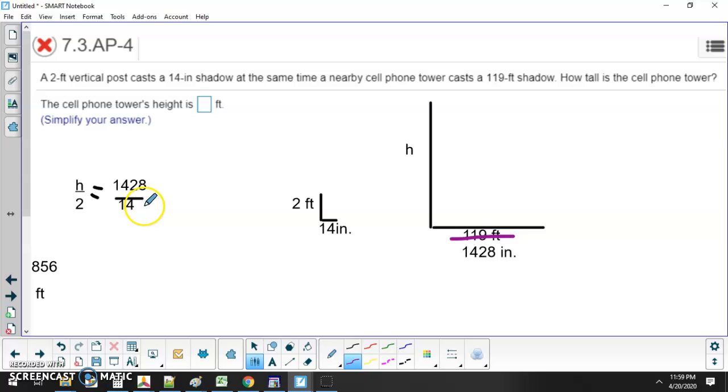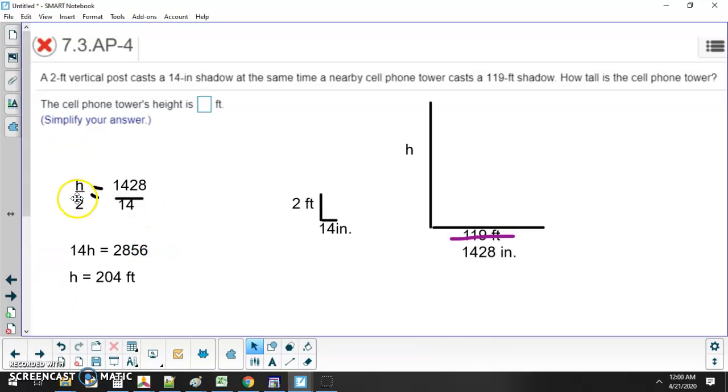It would be a different meaning. You're comparing different things here. So you have to make sure the units are always the same in that particular ratio. All right, so that's basically how you would set it up. And then, of course, you do the usual cross multiplying and then dividing to solve it. So there's the cross multiplying, and you got the height as 204 feet.